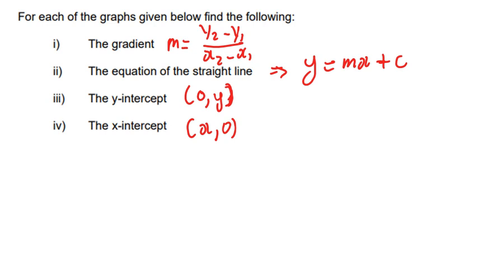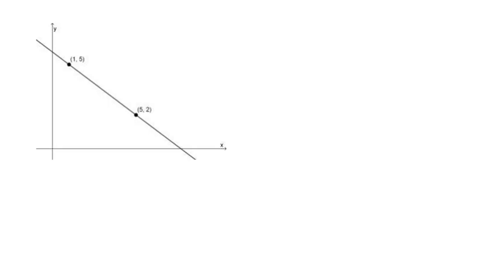Okay, from our last class, we discussed that every time you have to deal with linear graphs, and you are given a graph, you have to find the equation of a straight line.